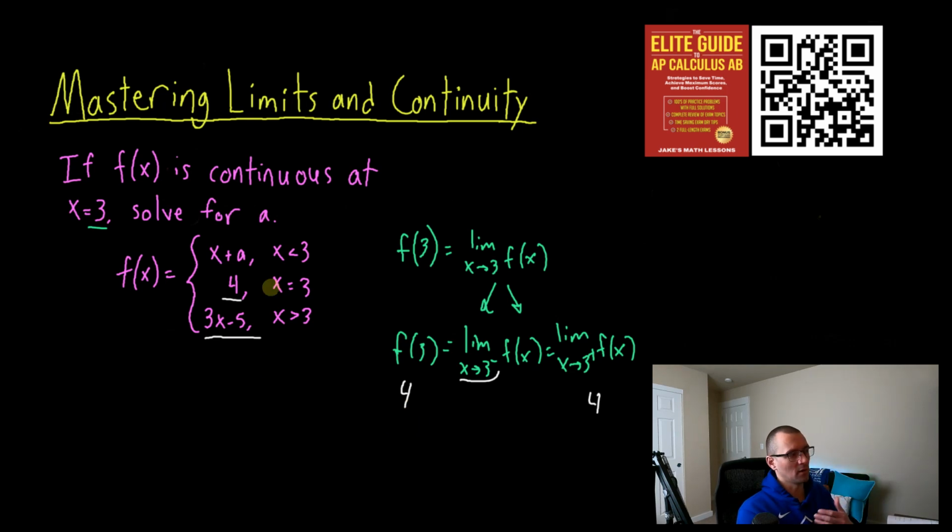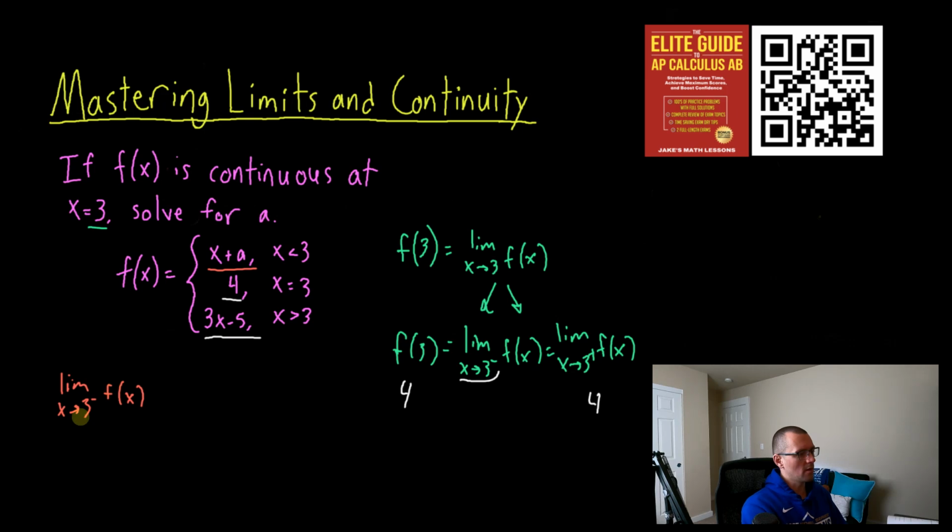So we need to figure out what a needs to be in order to make this left-sided limit be 4. I've touched on one-sided limits in my last few videos, so I'm not going to explain the method in detail. What we're looking for is the limit as x approaches 3 from the left of f of x. Since x is slightly smaller than 3, we use this part of our piecewise function.